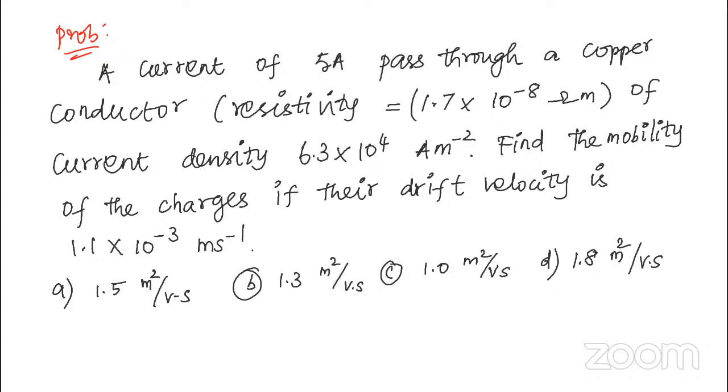Okay. So clearly you have to notice the problem. What are all the values they are given? They are given the drift velocity, that is Vd, and resistivity, the rho value, and here the current density J value they are given.